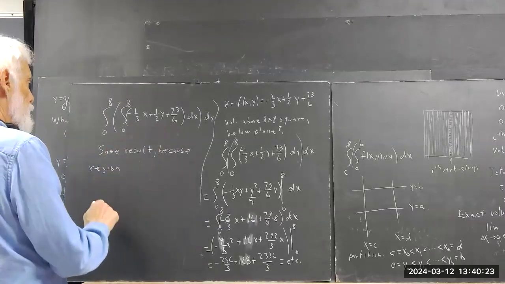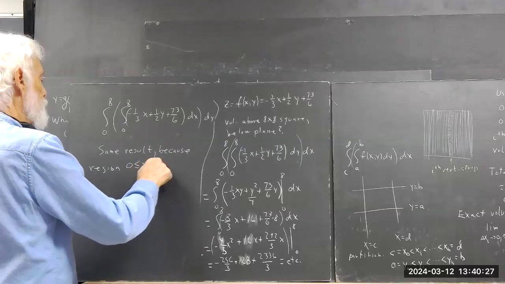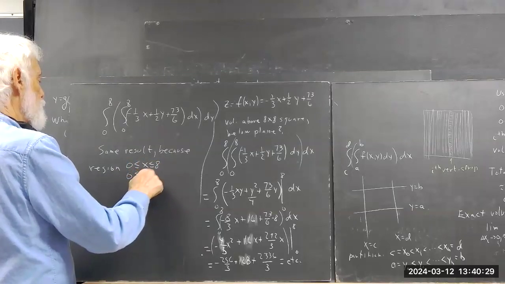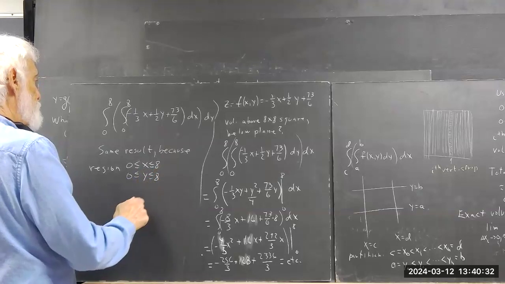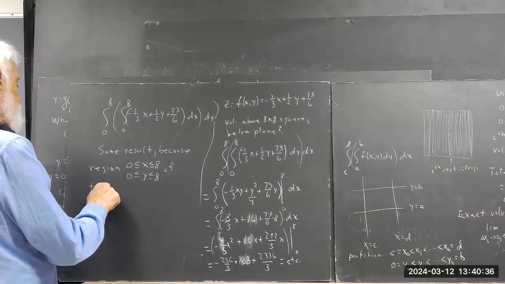the region that we're looking at here is 0 less or equal to x less or equal to 8, 0 less or equal to y less or equal to 8. And that's the region of this integral.